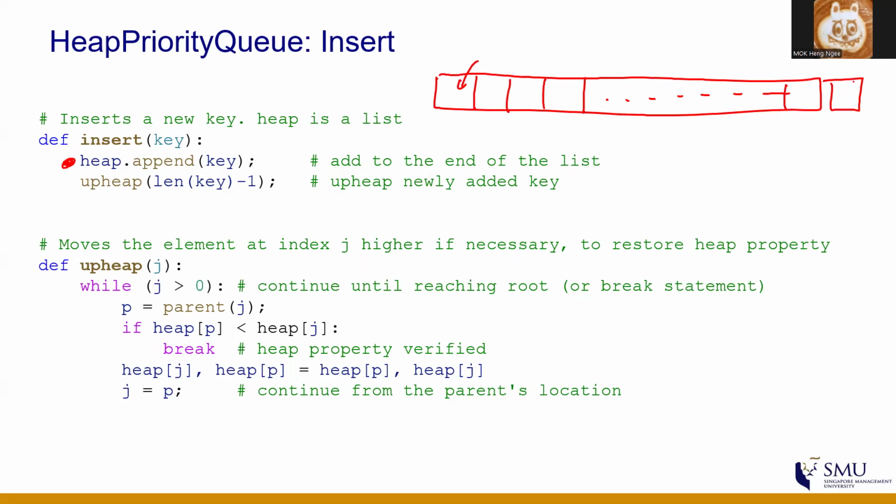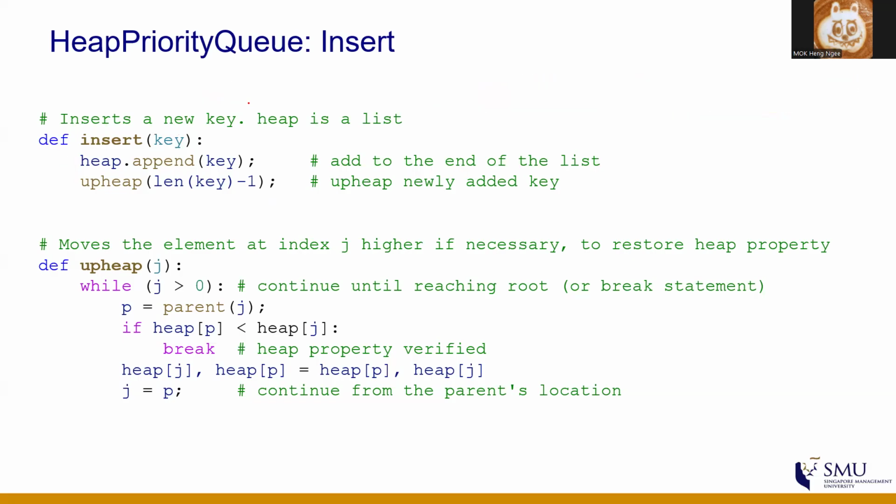The second step, then you do the up-heap bubbling. Okay. So in this example, I just pass in a key here. This actually is a node. It is not a key only. The node will consist of a key and a value inside. So to make things simple, I'm just passing in a key. Actually, what you need to pass into insert is a whole tree node, which consists of a key and a corresponding value.